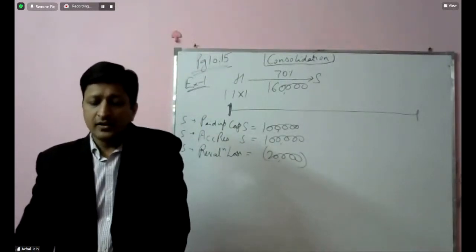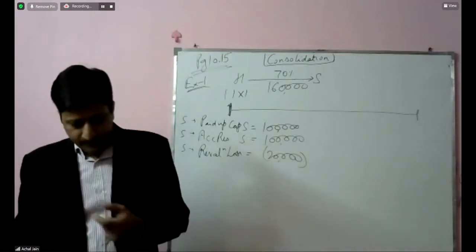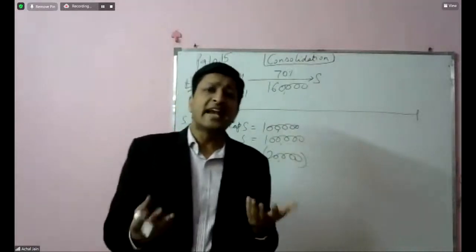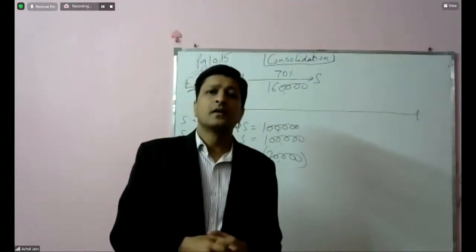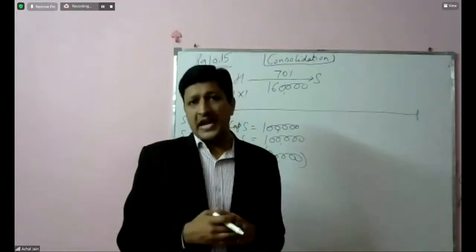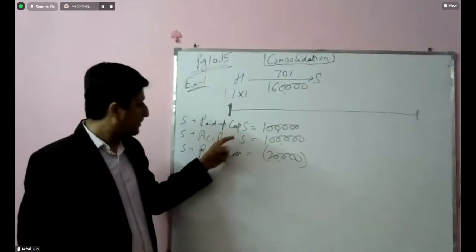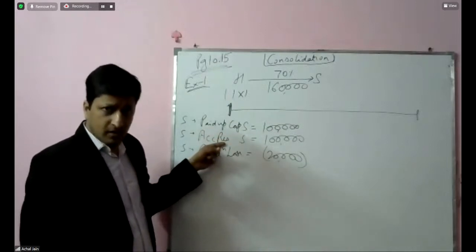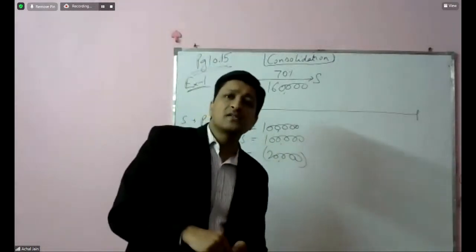Now, in this scenario, what do we need to do? If we have to compute the net assets of S or the net worth of S, how do we compute? We'll pick up its capital, its reserves, right? And the revaluation loss. This will also hit the reserves.